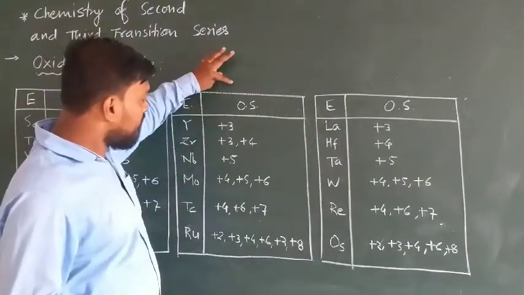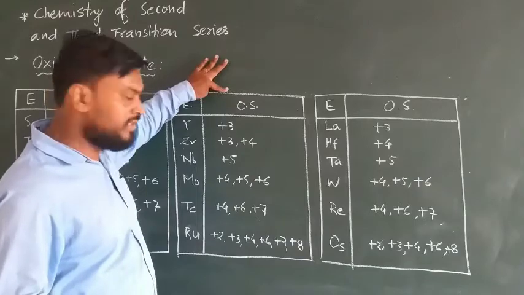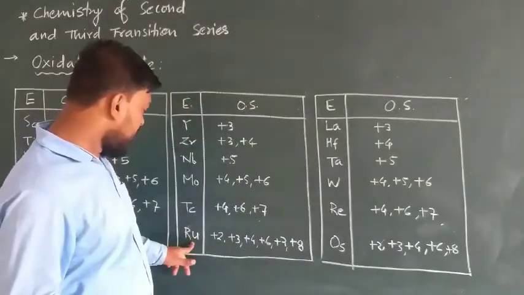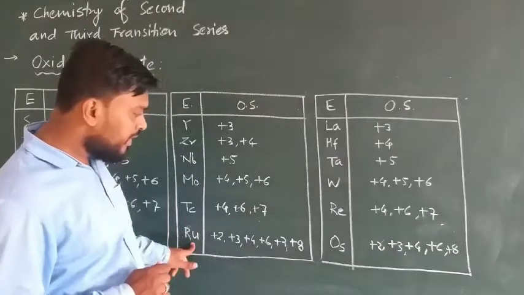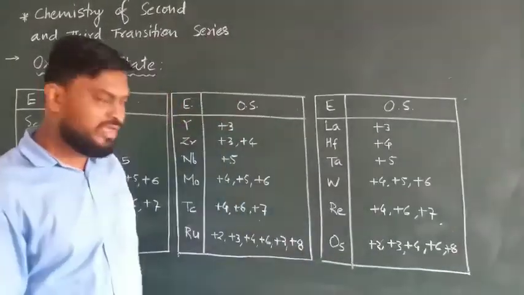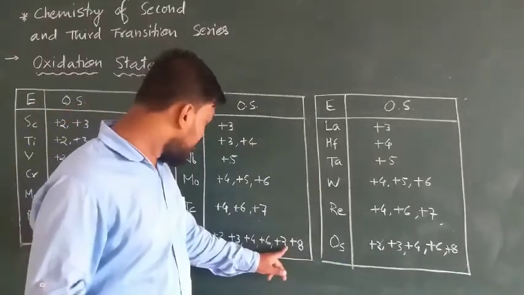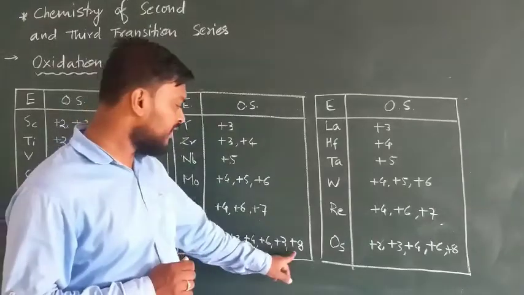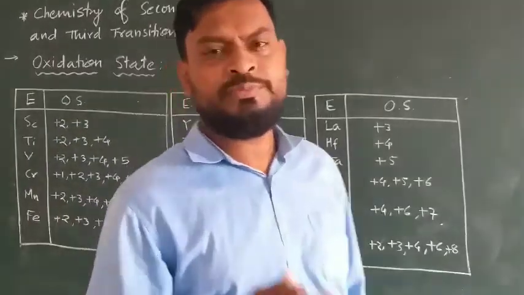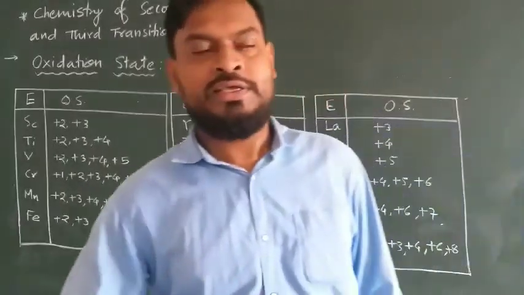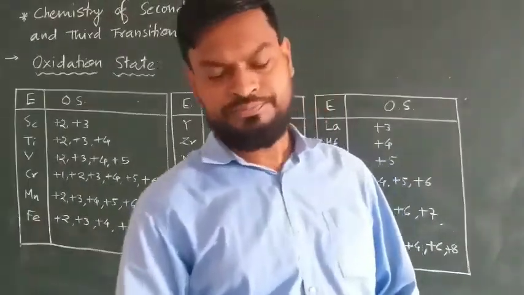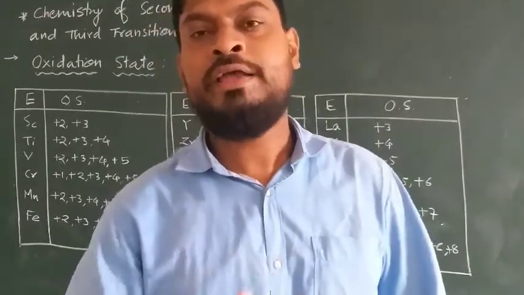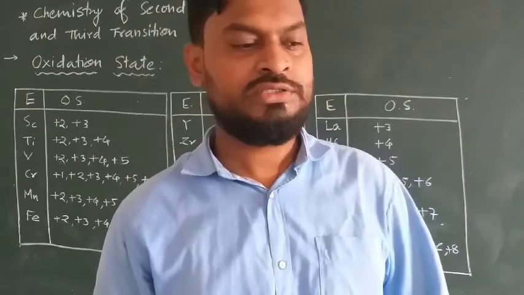If you look at the second and third transition series, and consider ruthenium and osmium, the maximum oxidation state we can find in these two elements is +8. So one easy conclusion we can make is that the second and third transition series show higher oxidation states than the first transition series.